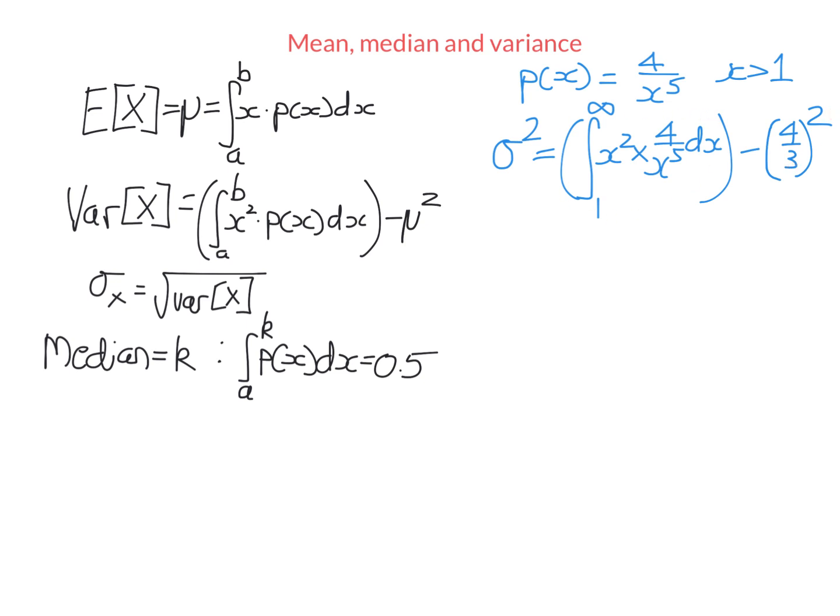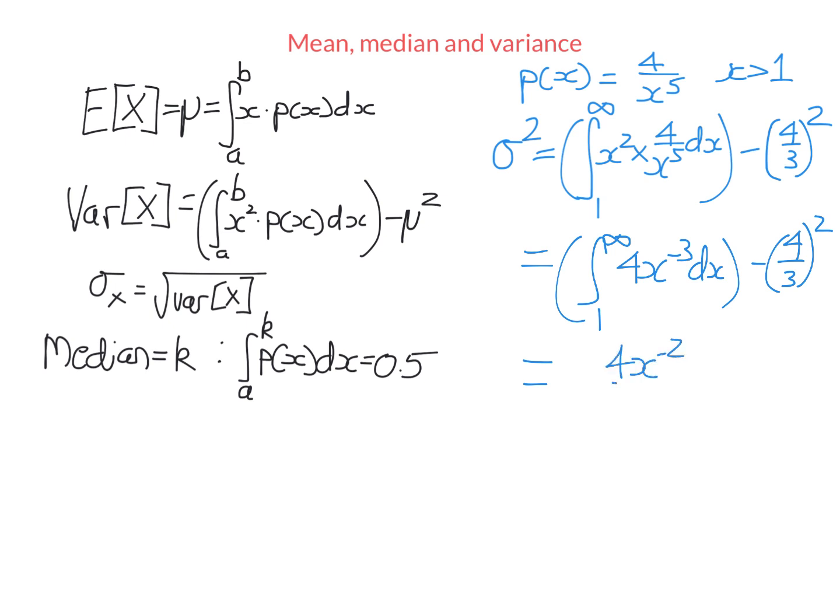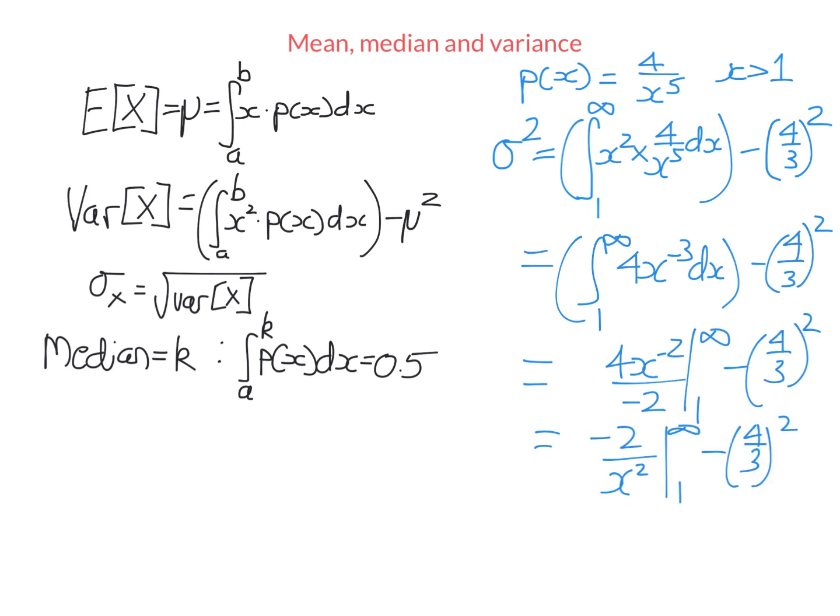So let's now evaluate this integral here. So that, of course, becomes the integral from 1 to infinity of x squared divided by x to the power of 5, which is x to the power of minus 3. So to do that integral, we're going to increase the power by 1 and divide by the new power. So making it easier to work with, I'm just going to write it as minus 2 over x squared.